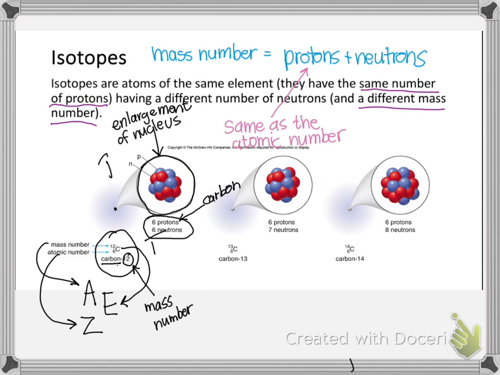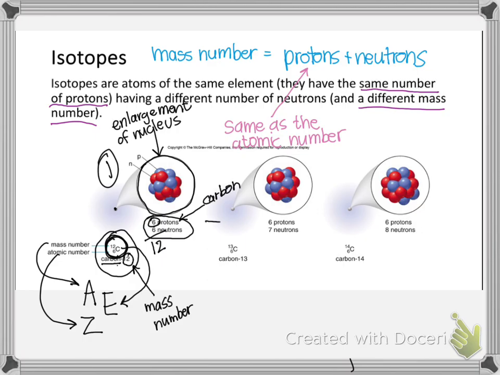So look at number 1. That has a mass number of 12. If you look here, where I'm circling, we have the 12, the 6, because that's the number of protons, that's the atomic number, and then it's carbon.